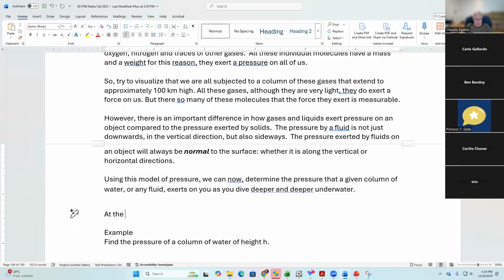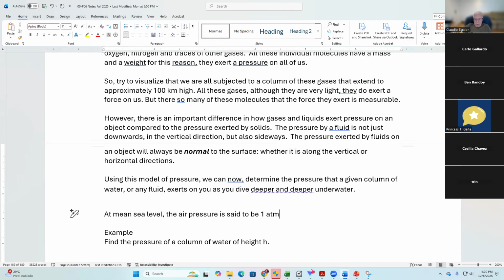I'm going to give you a numeric value for this pressure. At mean sea level, the air pressure is said to be 1 atmospheric pressure, 1 atm, which is another unit.